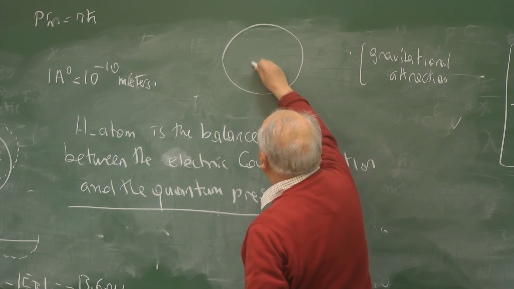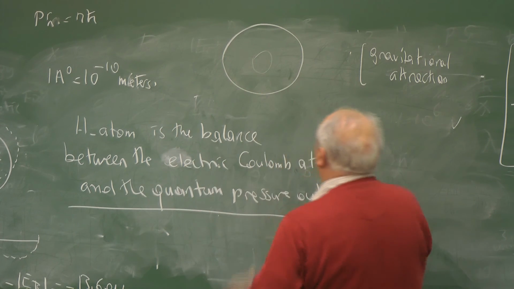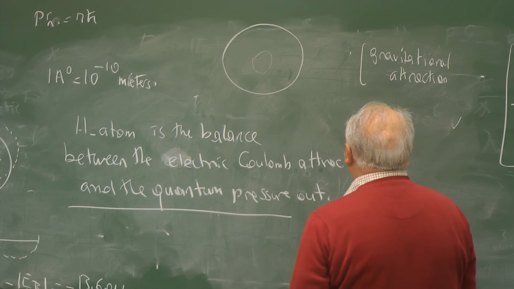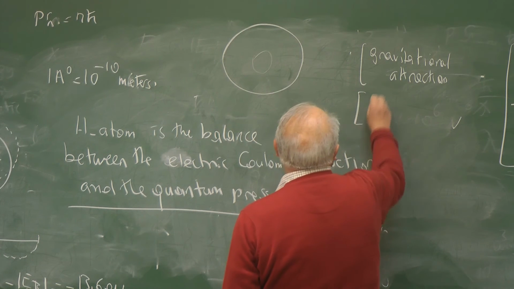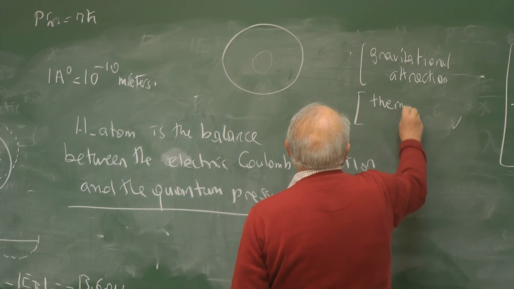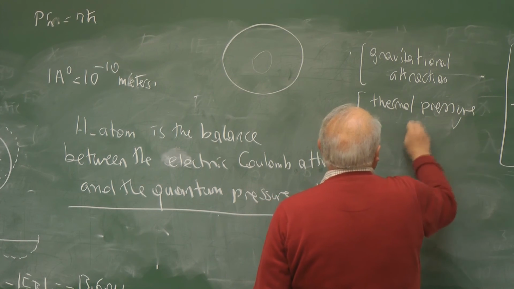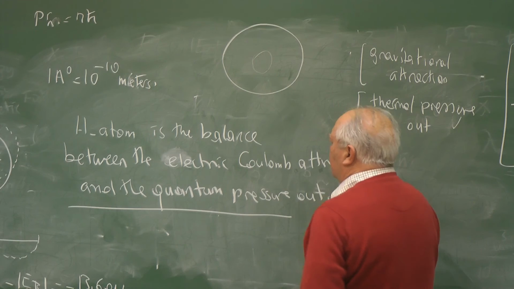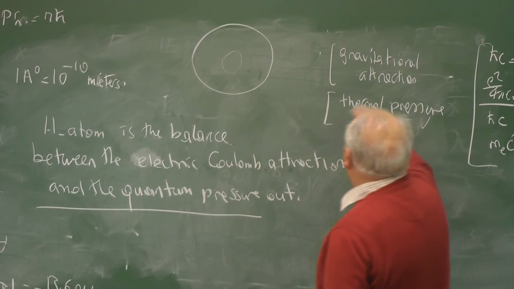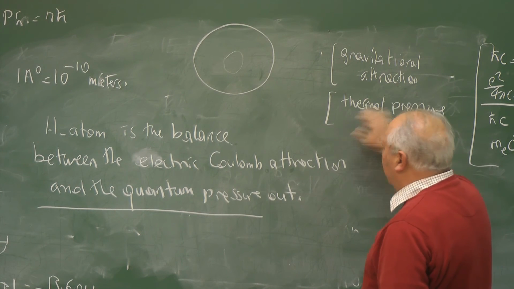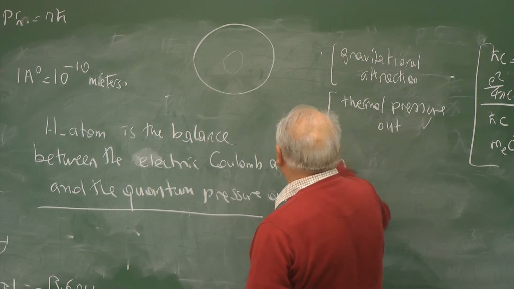Every sphere pulls the material outside toward the center, but there is a pressure out, and that is the thermal pressure out. So a star is the balance between the gravitational attraction and the thermal pressure out. Okay, so that's for the star.